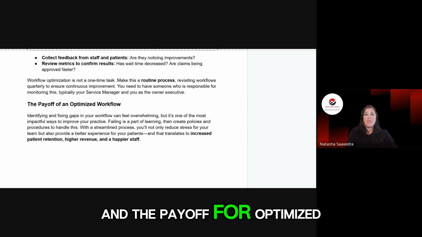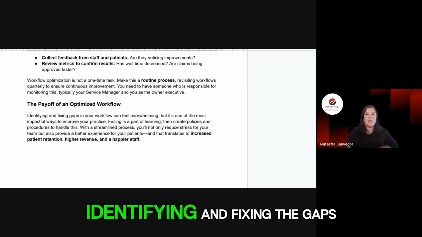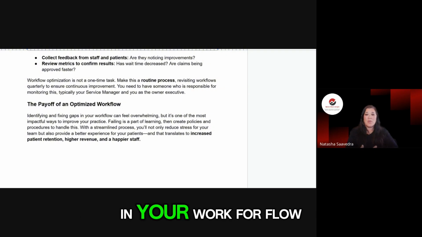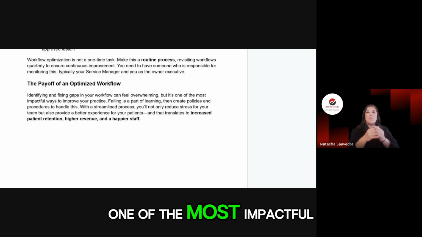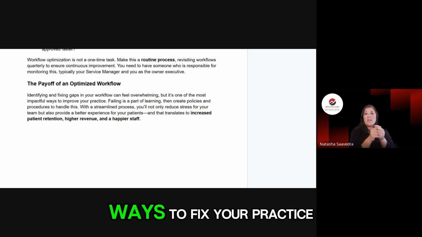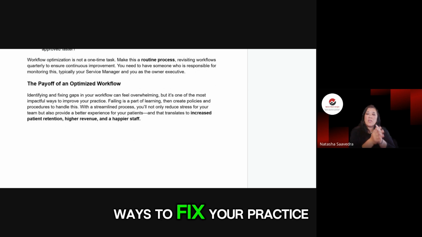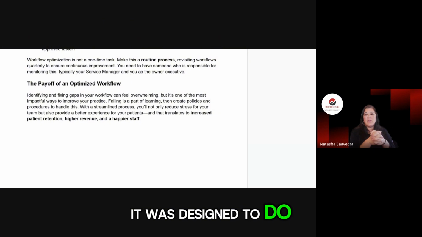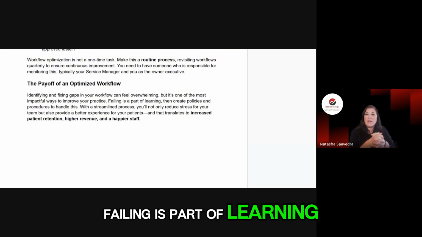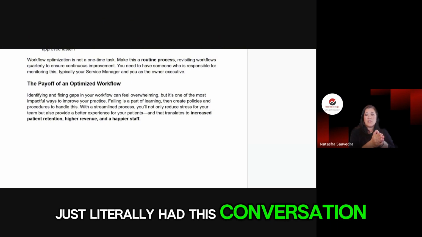And the payoff for optimized workflow: identifying and fixing the gaps in your workflow can feel overwhelming, but it's one of the most impactful ways to fix your practice and let it become what it was designed to do. Failing is part of learning. Just literally had this conversation this morning.